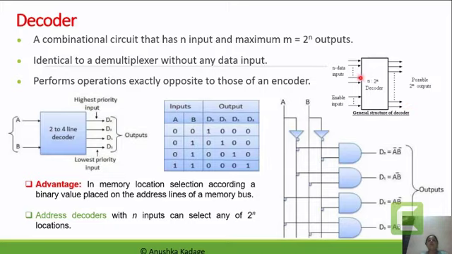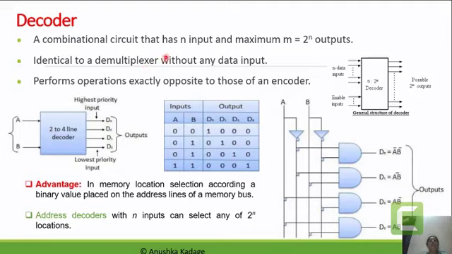But in the decoder, to know which output has to be decoded, the input combinations have to be specified. Based on the input combination, the decoder output will be specified. This encoder and decoder perform operations very similar to the multiplexer and demultiplexer.